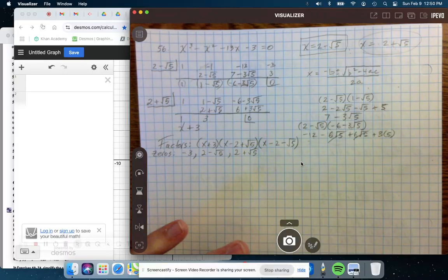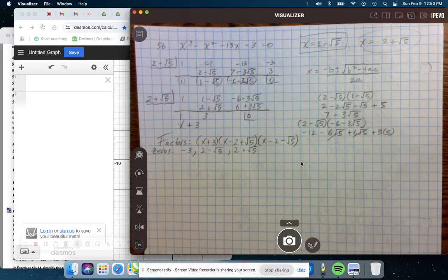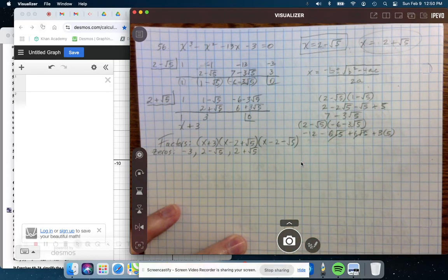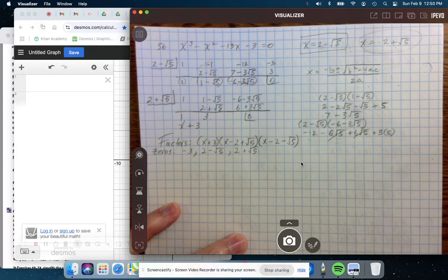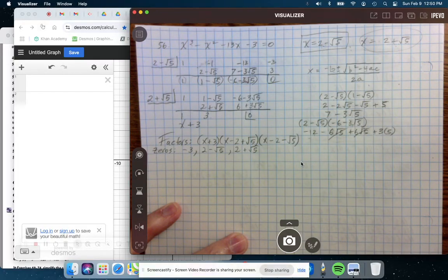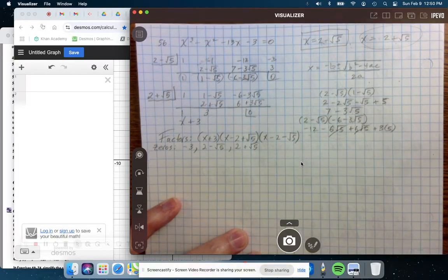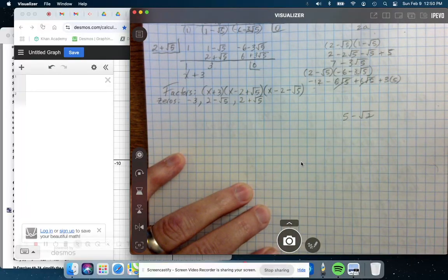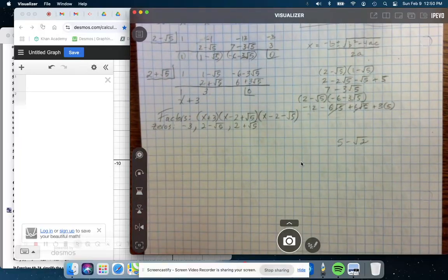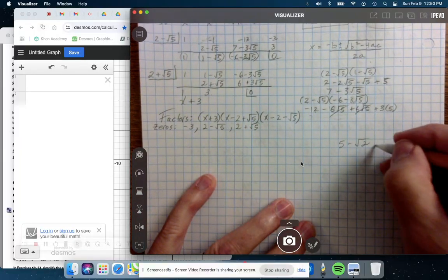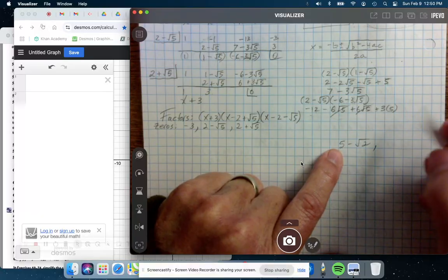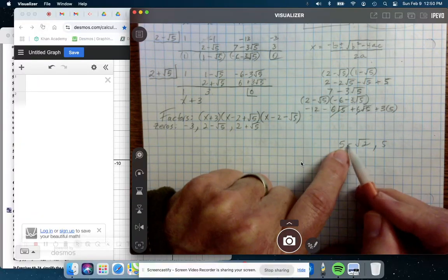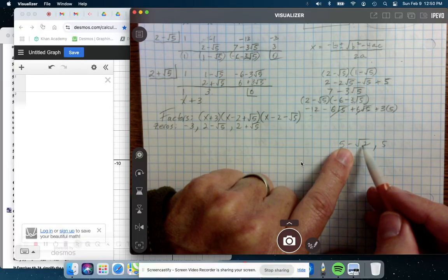All right, so that's the only way I know that we could have found those, is by knowing this trick here. So let's talk about conjugates for a minute. Irrational conjugates. Let's say you have 5 minus the square root of 2. If that's a 0 of a polynomial, then automatically you leave the first term alone and change the sign of the irrational part.